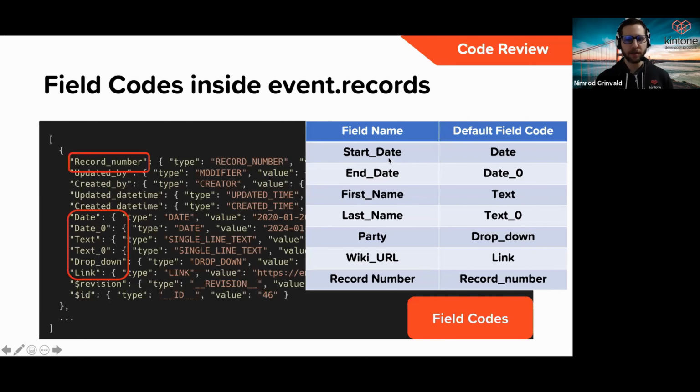And you'll see like date corresponds with the start date, date_0, which is just Kintone's way, when you drag and drop another date field out, or Kintone automatically creates a date field and you don't name it anything else, it's just going to increment a number after the type of field that it is. So the same thing you'll see with first name and last name, party. Remember, this is a drop down, and then the wiki URL, this is a link.